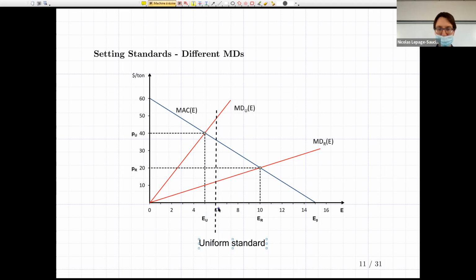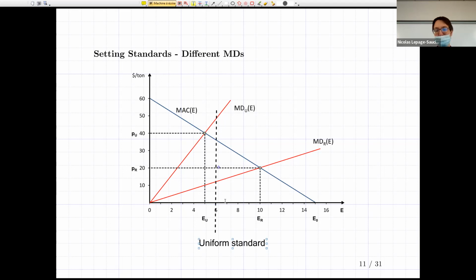So let's start with the urban area. I didn't prepare it, so I hope I don't screw up, but I think I'm good. What happens in the urban area? The optimal standard would be this one, 5, and you emit 6. So at 5, you have marginal abatement cost equal to marginal damage for the urban area.